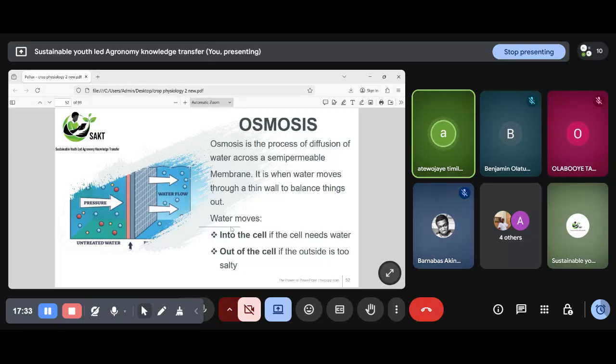That is what we call hypotonic in crop physiology, so we call it the hypotonic process. Water moves into the cell, and out of the cell if the outside is too salty. So the majority just need to know that osmosis deals with water. So let's move on.